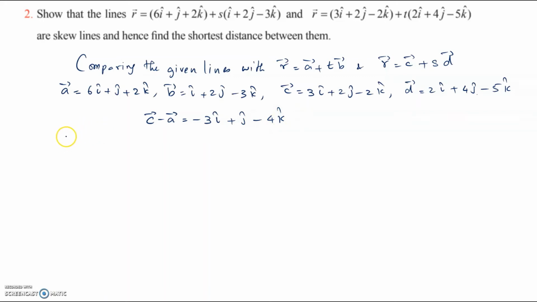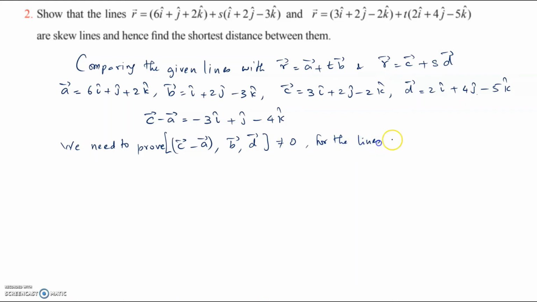Next we need to prove that the triple product of c vector minus a, b vector, d vector is not equal to 0, so that the lines are skew lines.